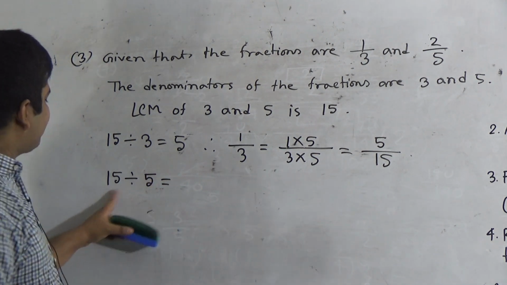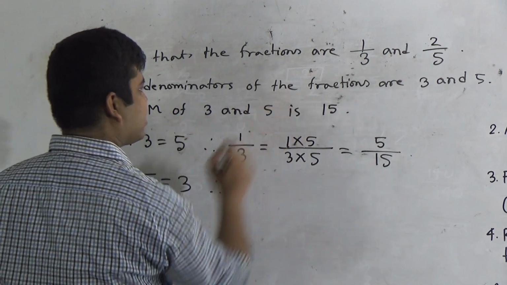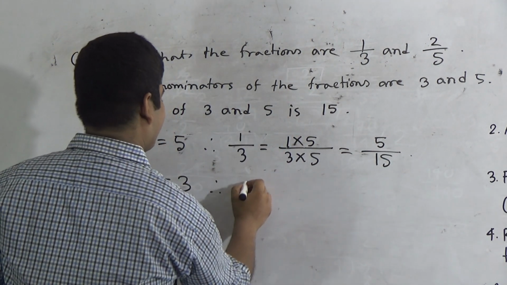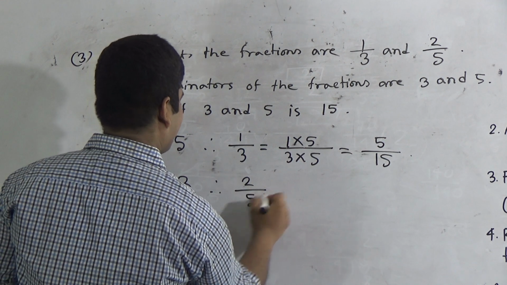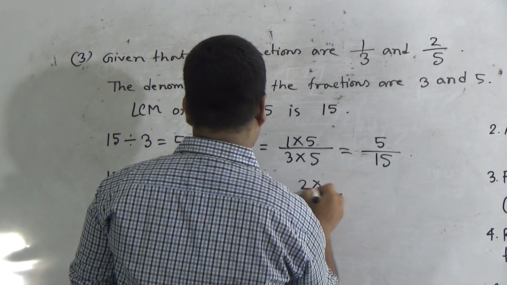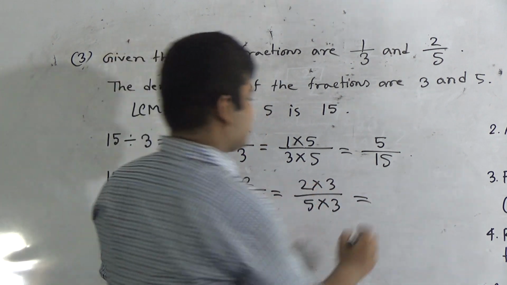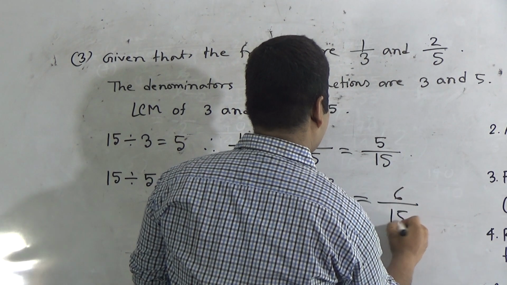If we divide 15 by 5, then we get 3. Okay, now we write the second fraction, which is 2 by 5. Then 2 by 5 is multiplied by the number 3. 2 multiplied by 3, 5 multiplied by 3, equal to 2 3s are 6 and 5 3s are 15.